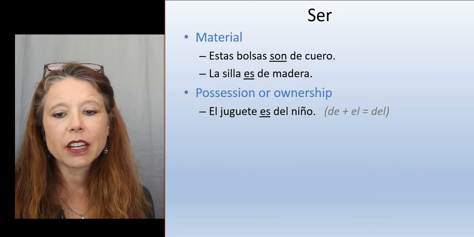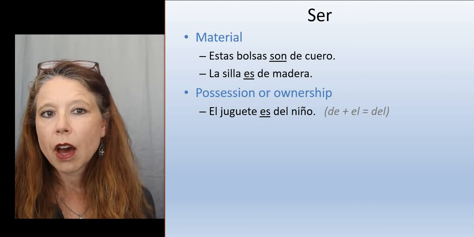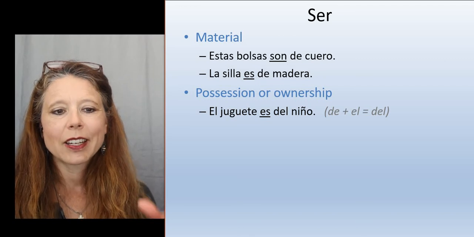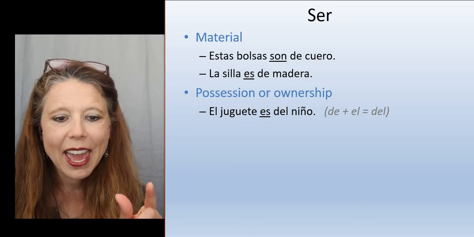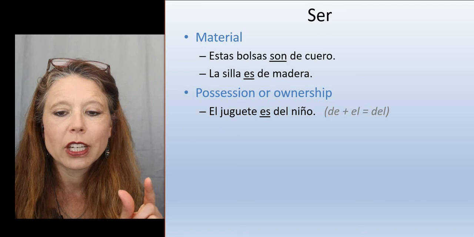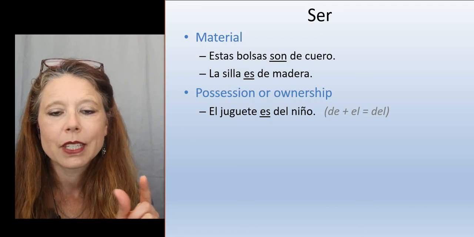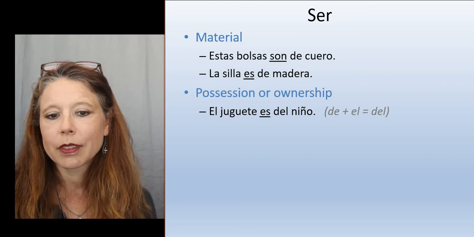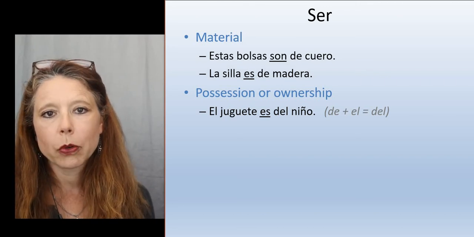And you'll see an interesting thing happened here. The word for "of," which is de, and the word for "the," which is el, combine and turn into a contraction, del. So, el juguete es del niño. The toy is the boy's.